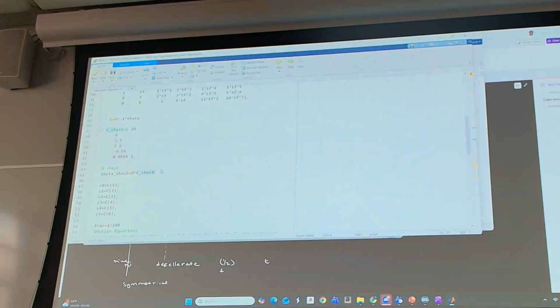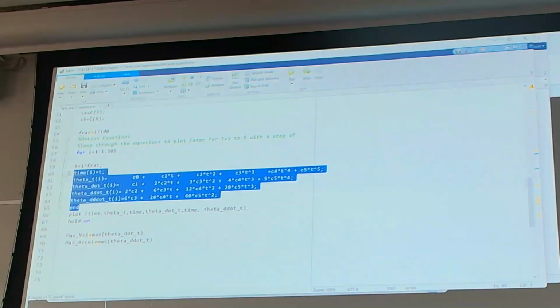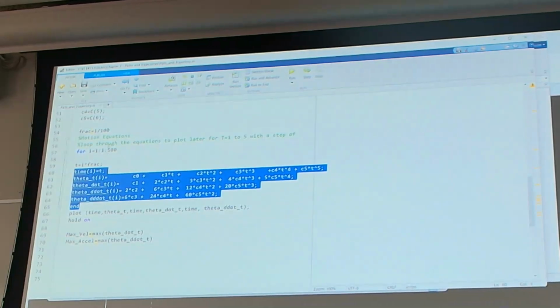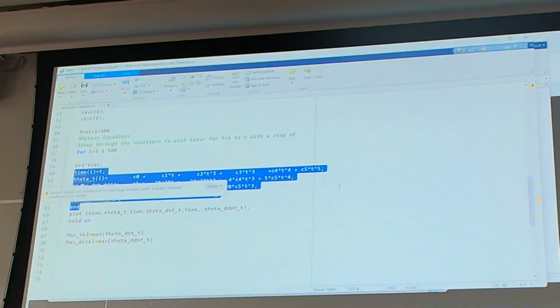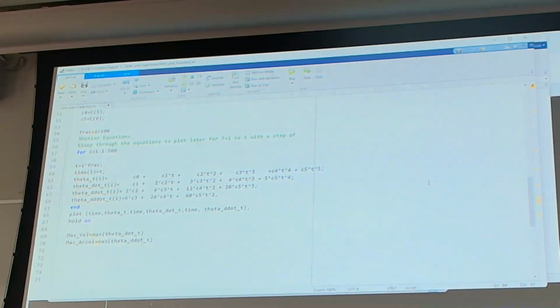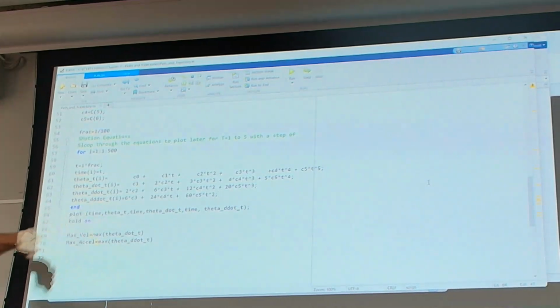We get to check it just because I want to check it. And this becomes our time values for each one of these. So here would be my position, my velocity, my acceleration, and my jerk.